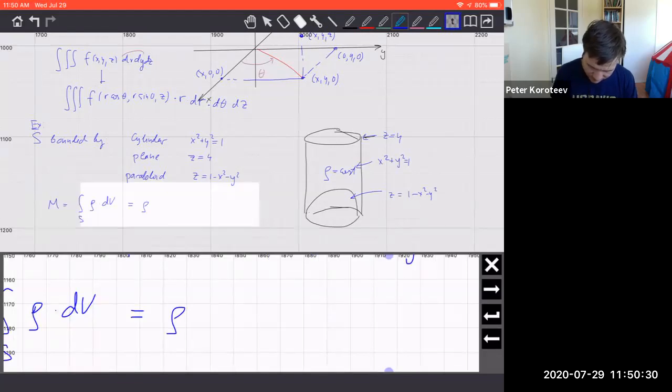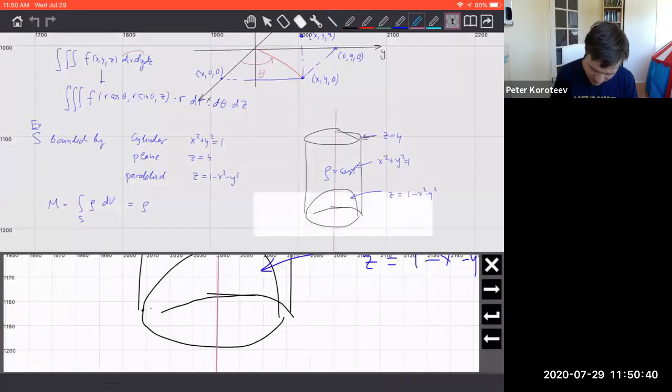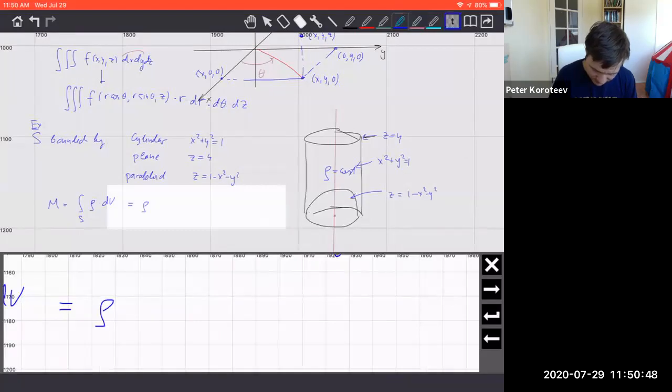And now put the axis, the symmetry axis, that will be the polar or cylindrical axis of symmetry. And so clearly it's convenient to switch to cylindrical coordinates here because that's the most convenient thing to do.